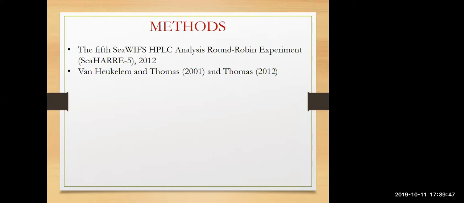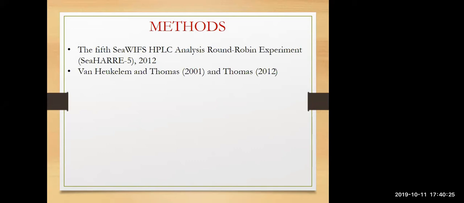Well, there are many methods to determine the concentration of these pigments in a sample. I recommend you read the 5th SeaHARRE HPLC analysis round-robin experiment report. It's a report of NASA. It has the code CHAIR number 5. It was published in 2012, where the main or the most used methods for HPLC analysis of pigments were compared.